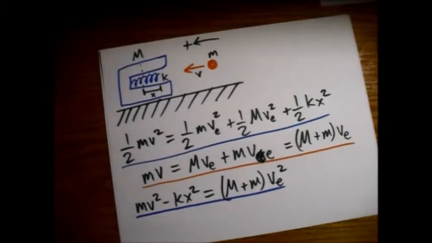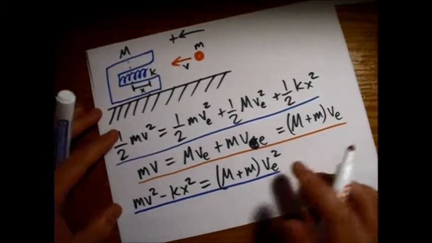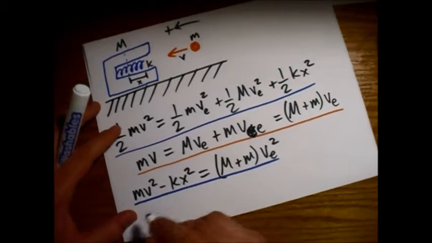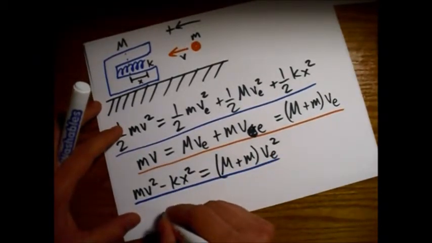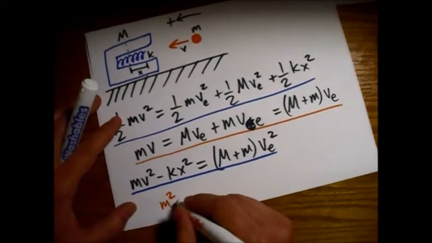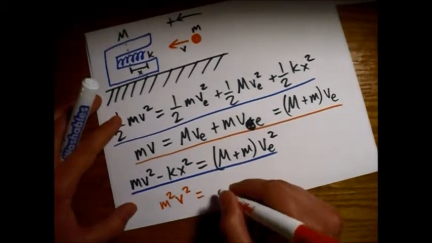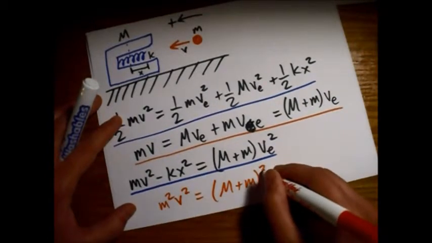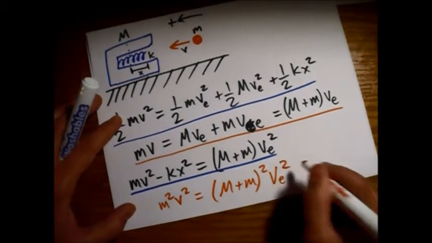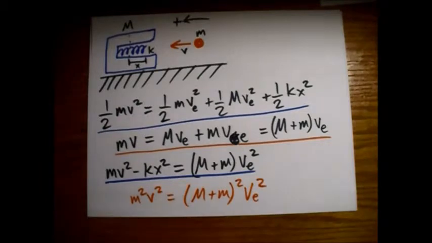Alright, I don't know if this is going to help or not, but now I'm going to work on the momentum equation a little bit. So I'm just going to square it, so m squared v squared equals big M plus little m squared V sub E squared.